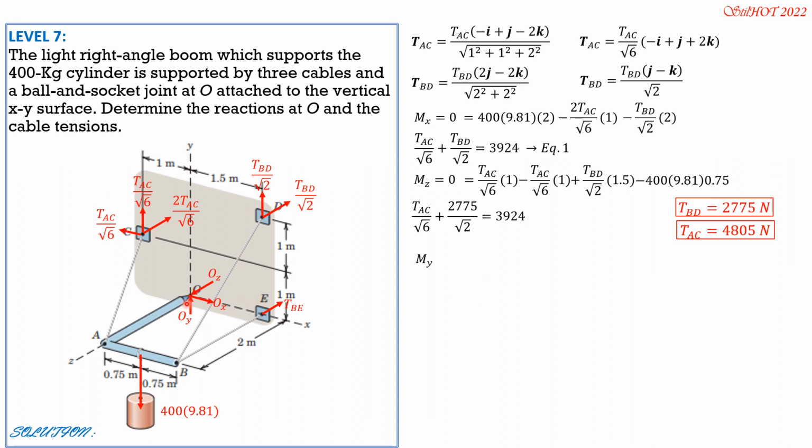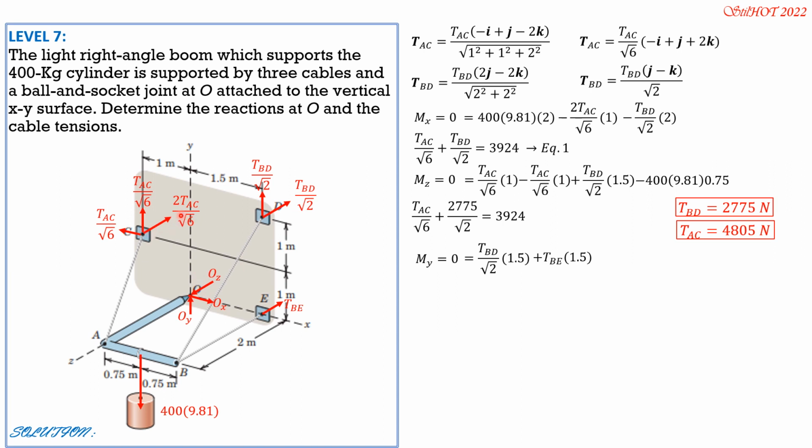Then we set moment about Y at O equal to 0. By right thumb rule, positive sense would be that. So tension BE times 1.5. Tension BD over square root of 2 times 1.5 plus tension BE also times 1.5.